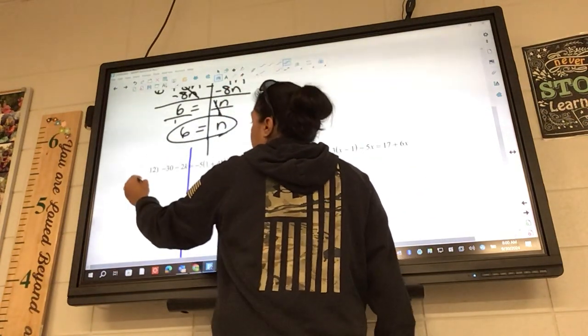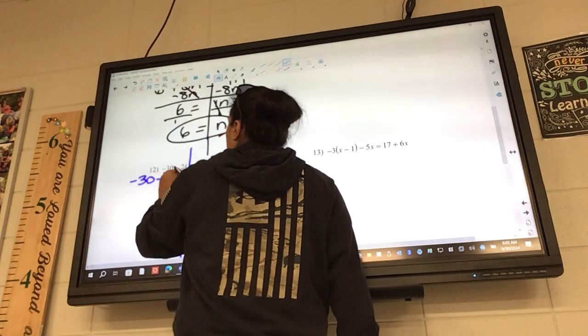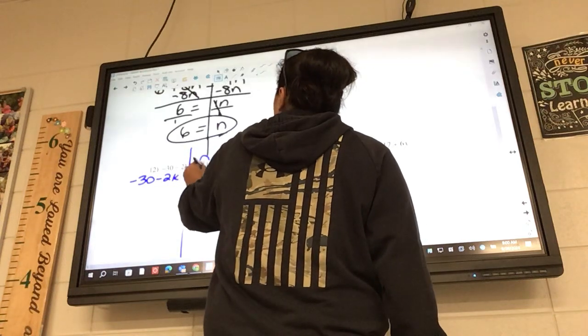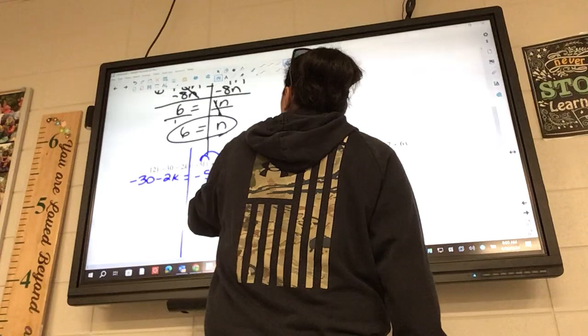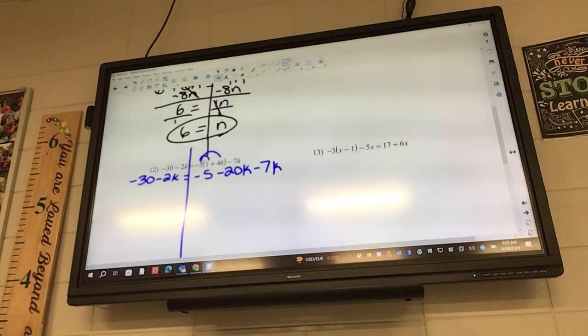So on the left side, nothing's gonna change, so negative 30 minus 2k. On the right side, it's gonna be negative 5 times 1, which is negative 5. Negative 5 times 4, which is negative 20k. And then we still have that minus 7. Okay, per side, you're allowed 0 pieces, 1 piece, or 2 pieces. But that's it.